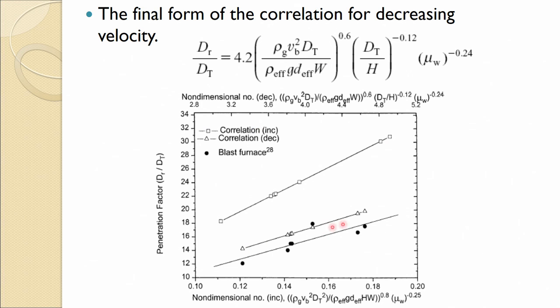So, obviously the decreasing correlation satisfies and can reasonably predict the Raceway size in the operating blast furnaces. So, now we have some sort of robust correlation for Raceway diameter to predict in the operating blast furnace.